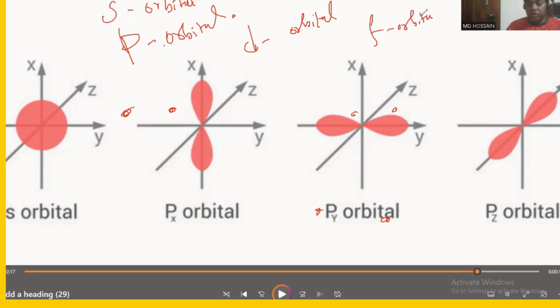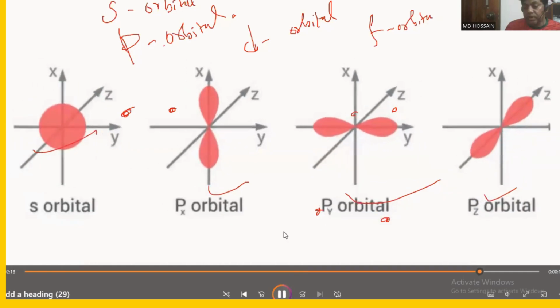The number of orbitals gradually increases, but they are much more complex. It is not included in your syllabus, so we are not going to discuss this. Just keep in mind that there are simply the SPDF orbitals, and how the s orbital looks. This is s orbital. You can see this is p orbital, px, py, and pz. These are the orbital classifications. Just keep in mind. Okay.